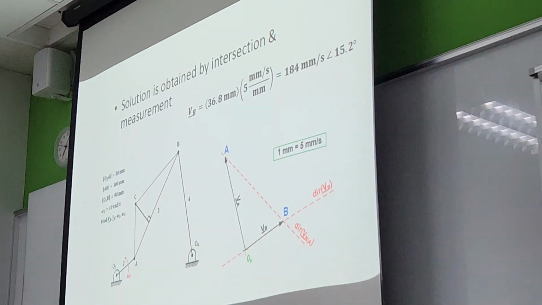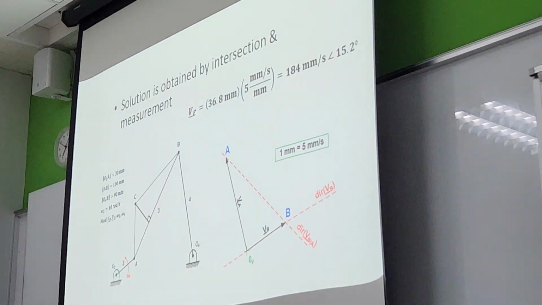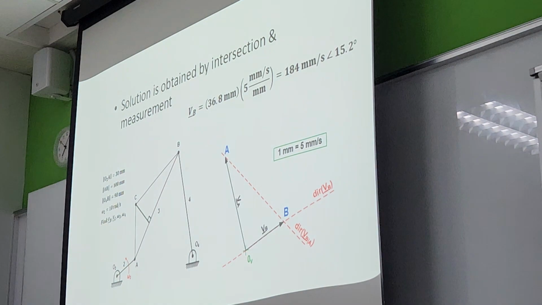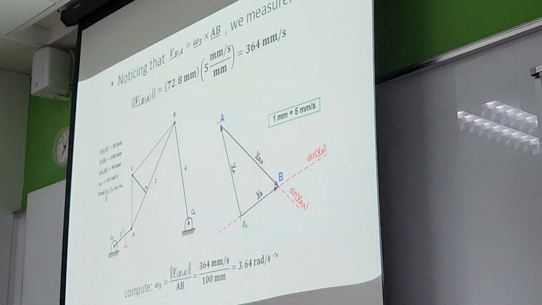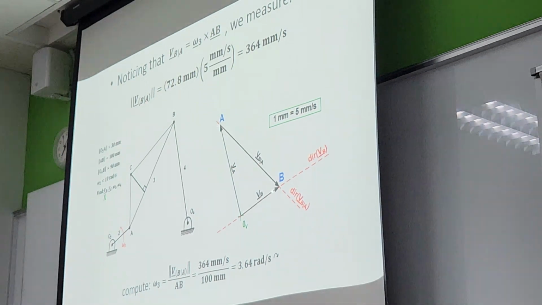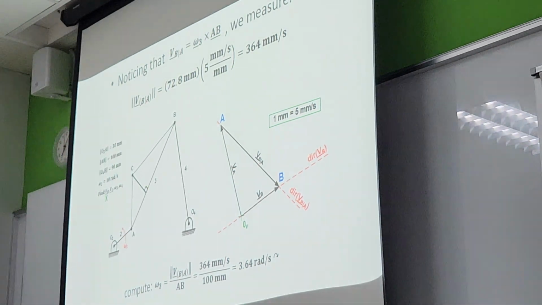Next, now you know the magnitude and direction of velocity B. Next we fix this B to A direction.